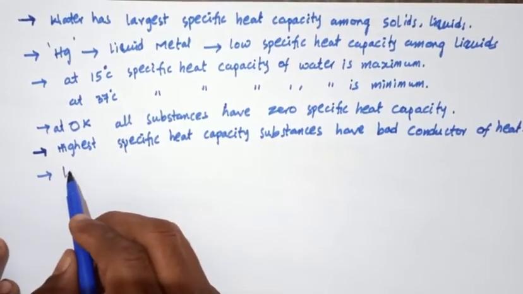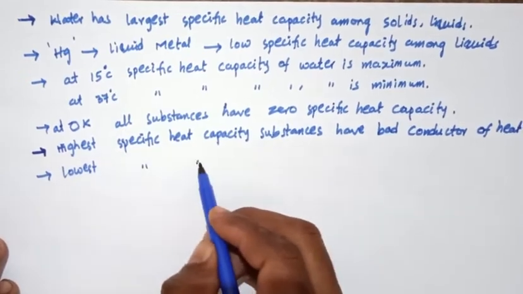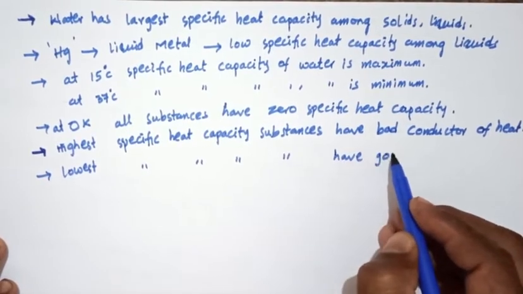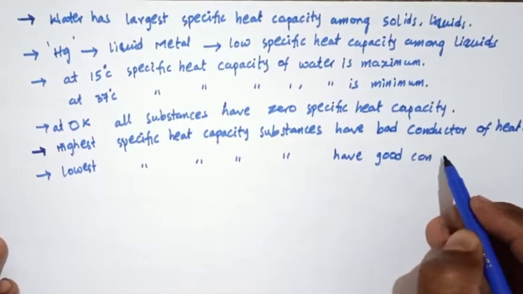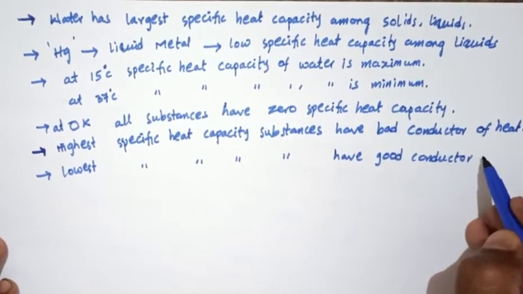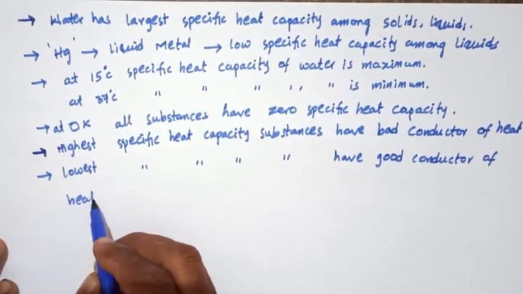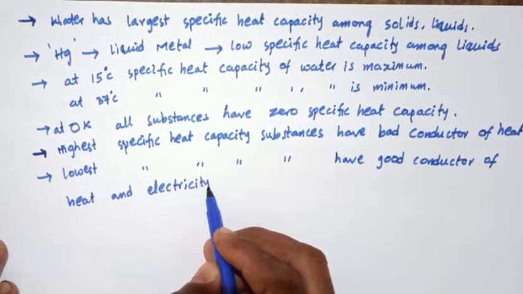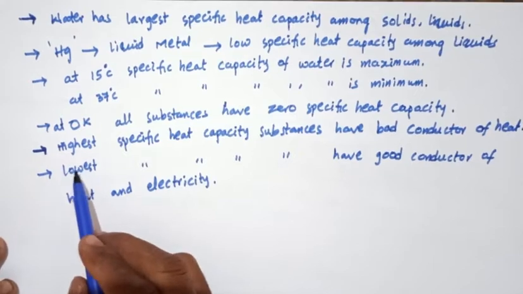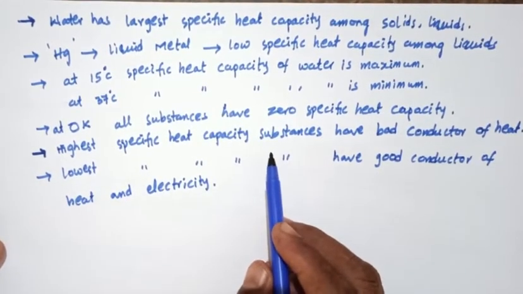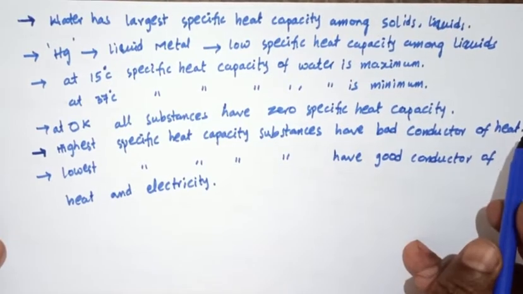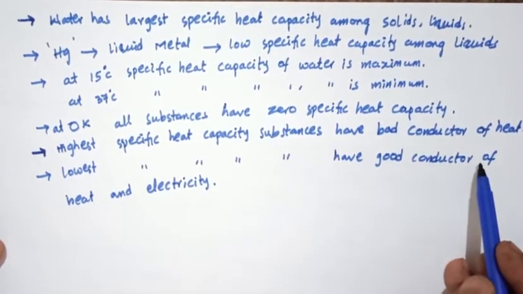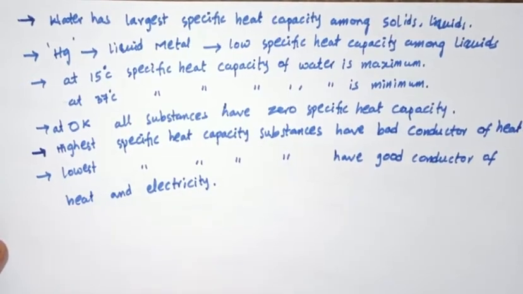Substances with the lowest specific heat capacity are good conductors of heat and electricity.